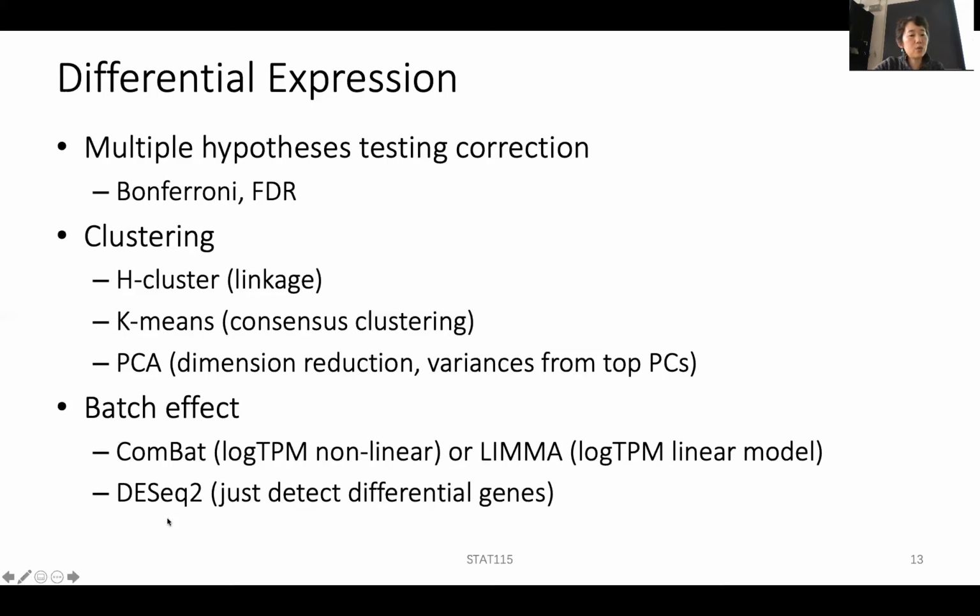With DESeq2, you can still consider simple batches as another variable, but at the end, it will just give you the list of differential genes. I'm hoping that in the coming year, the developers of DESeq2 can incorporate this feature so that not only can it detect the differential genes, but it will also give you a corrected expression matrix with the batch effect removed. Maybe they will do that.